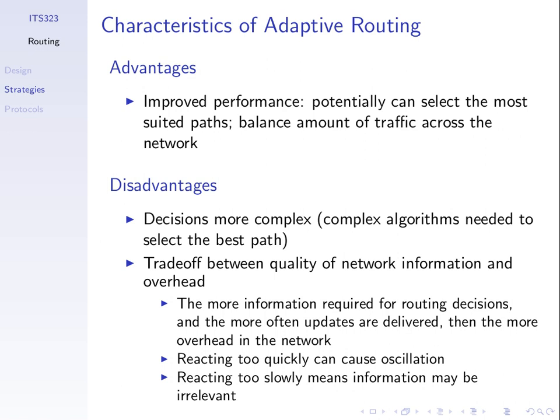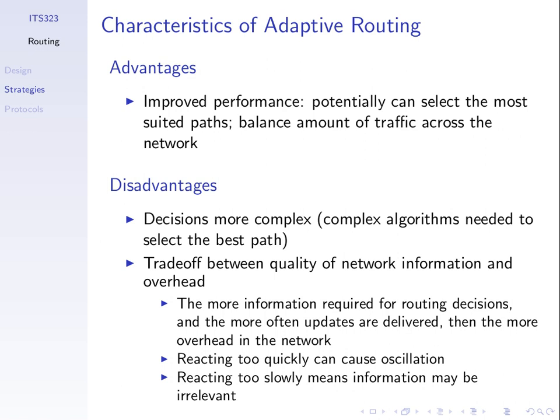From node 1 to node 3, the least cost path is 1, 4, 5, 3, therefore the next node is 4. From node 1 to node 4, the path is node 1 direct to node 4, so the next node is 4. Node 1 to node 5, the path is 1, 4, 5, so the next node is 4, and similar for 6. That's our routing table for node 1, given this information.